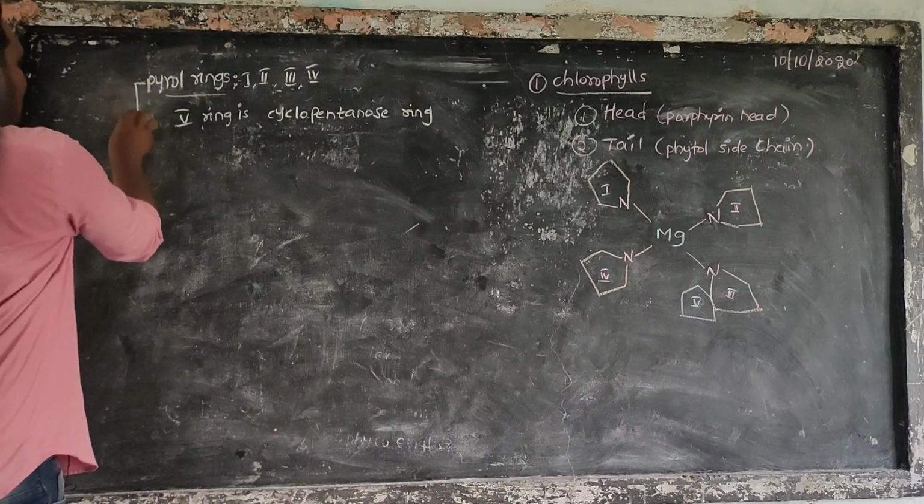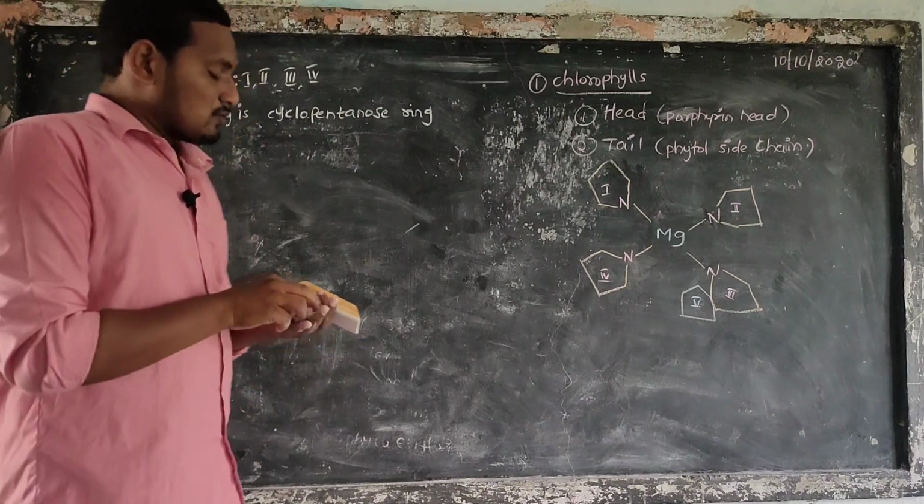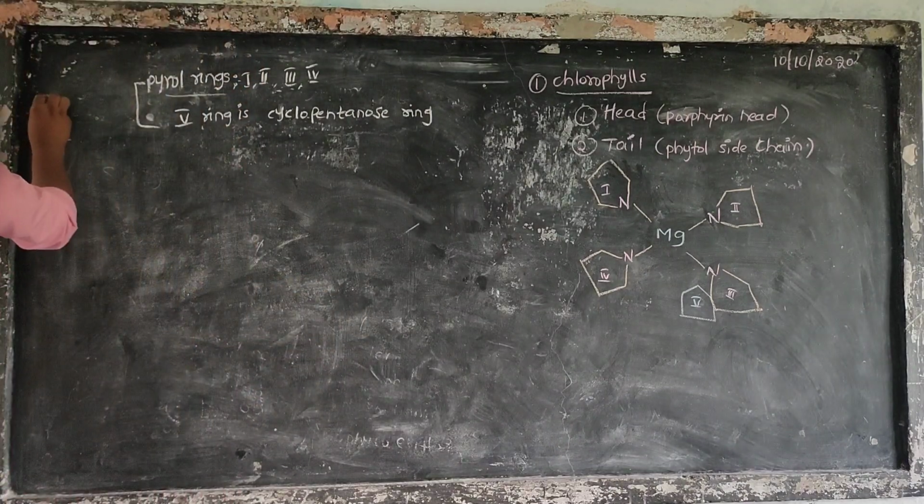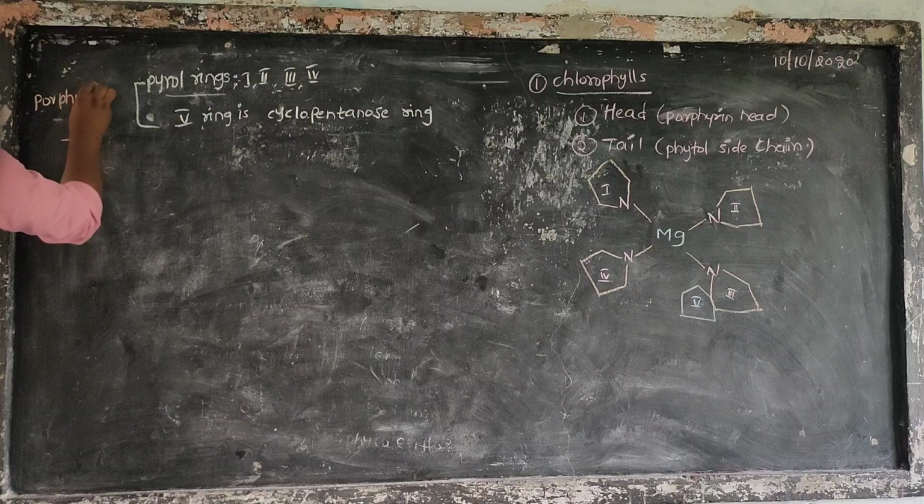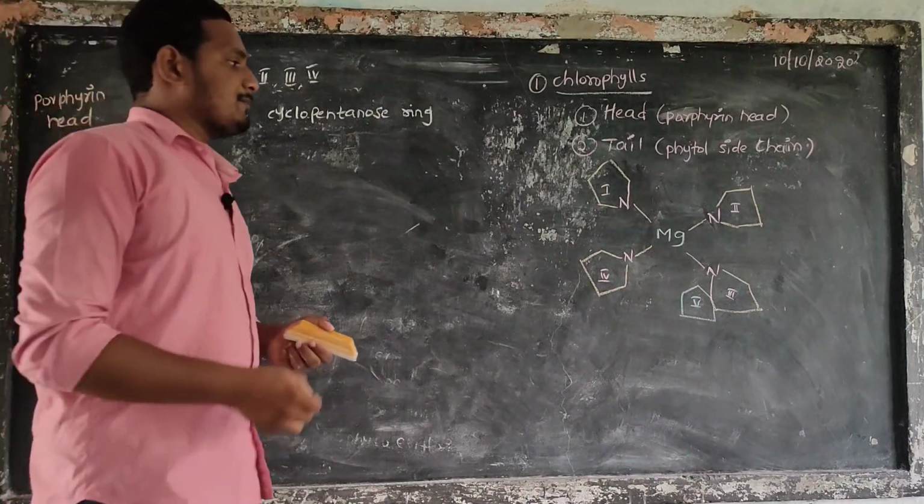These four pyrrole rings and this cyclopentanone ring make up the porphyrin head part.